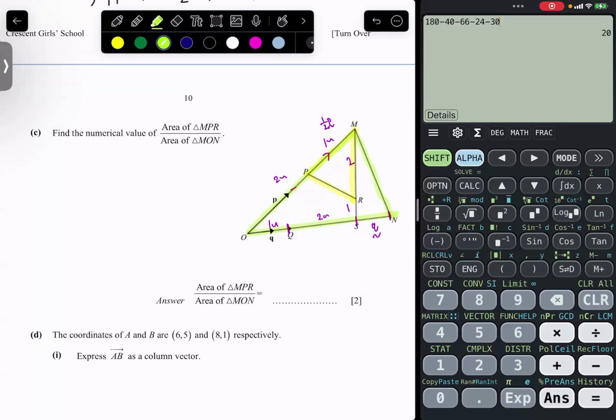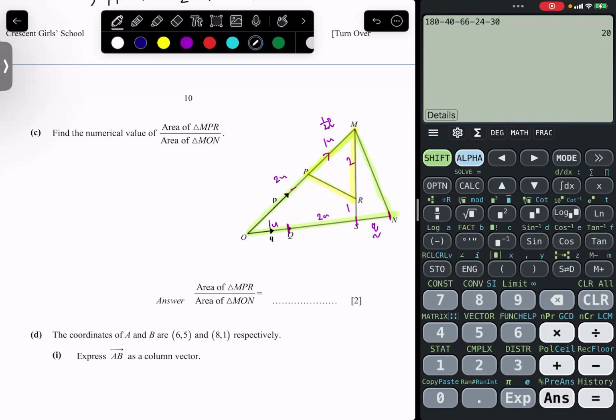It's a 2-mark question. This question is quite kind, I would say, because usually with this kind of question, they will try to help you out a little bit.